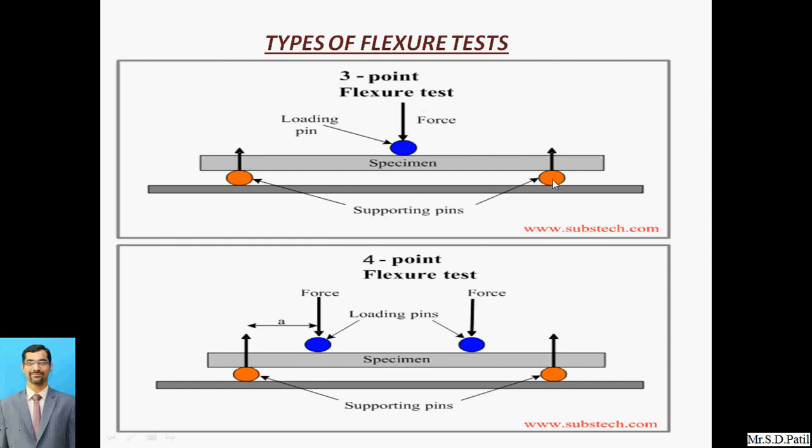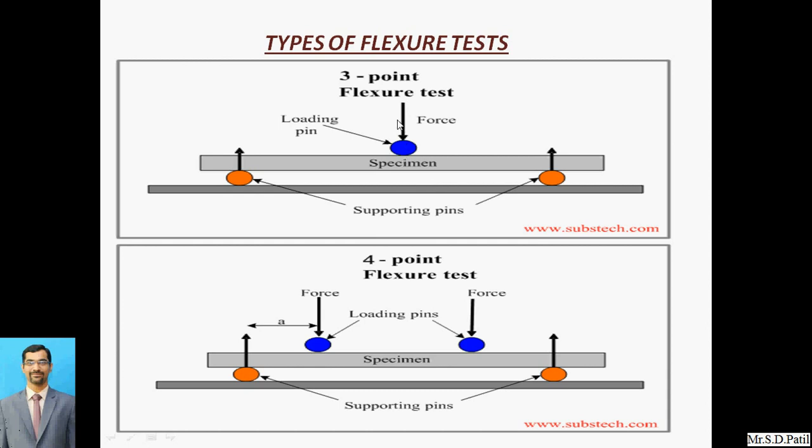These are the two supporting pins where we keep the specimen. The two supporting pins support the specimen, or we rest the specimen on these two supports, and this is the point where we apply the load. This is the loading pin element. It will be a point load.